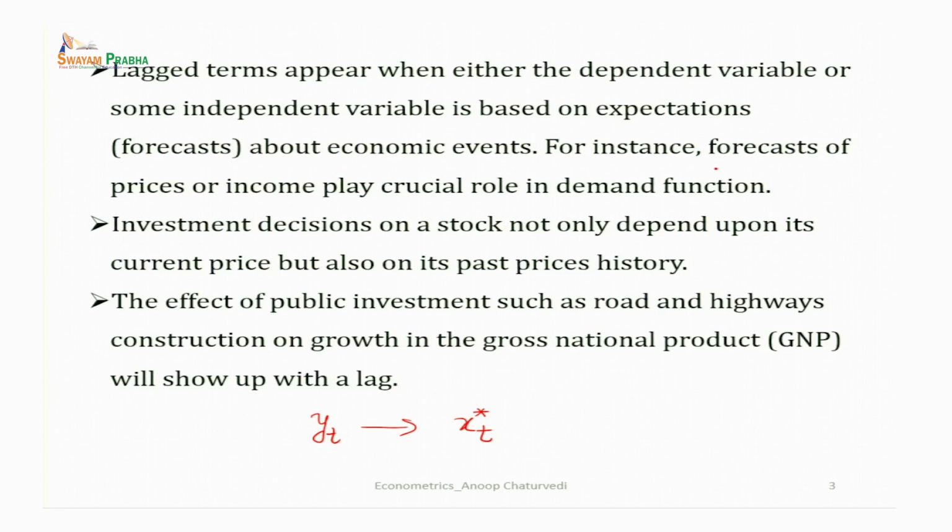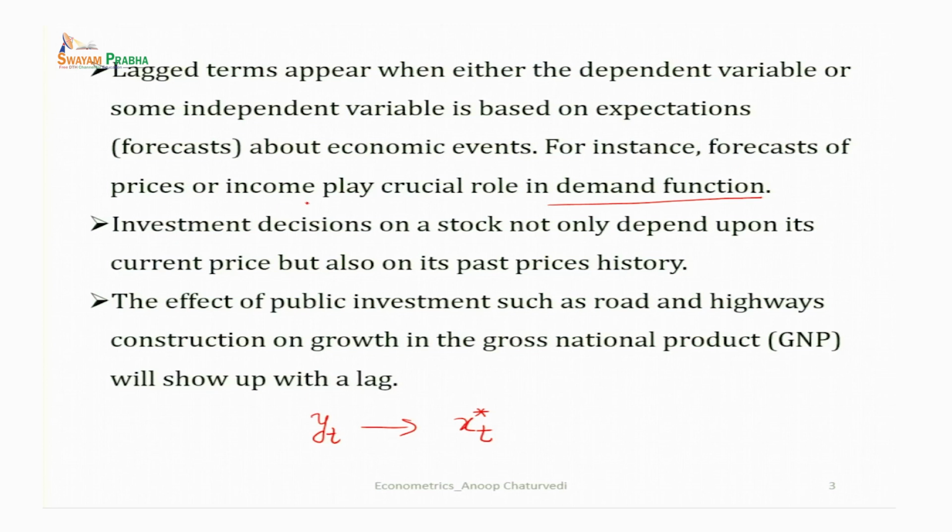Say for example, forecasts of prices or income play a crucial role in the demand function. So, in the demand function you include say either prices or income, but for that particular period you may not have exact observations on prices or income.